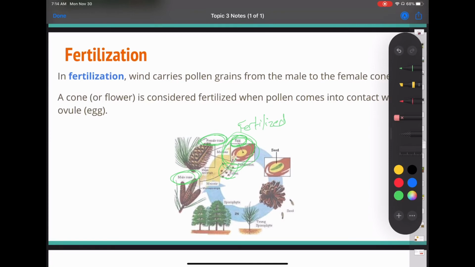Further to this, we're going to have a seed formed. Second, we'll have a seed formed. Third, that seed is going to fall out of the cone, and eventually it's going to start creating a new tree.